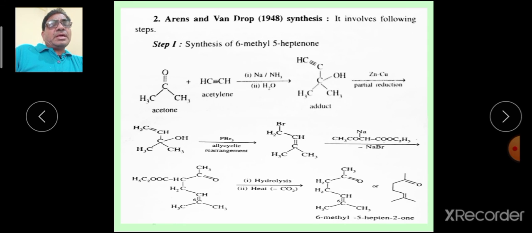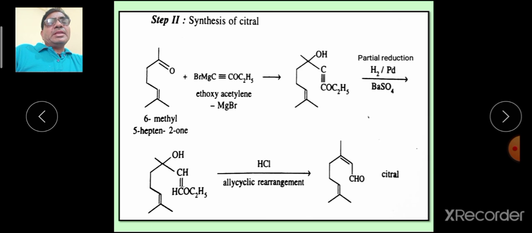The hydrolysis and decarboxylation gives methylheptenone. In the second step, this methylheptenone is treated with ethoxyacetylene magnesium bromide. Here again the product is partially reduced and finally allylic rearrangement gives citral.